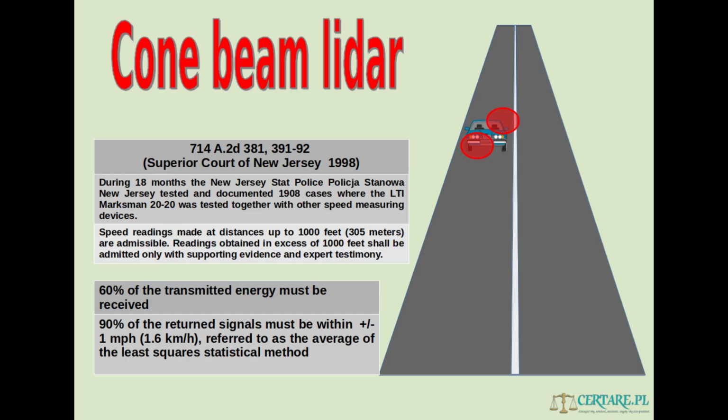The second rule reported by the US literature is that 90% of the returned signals, meaning probably all those different distances, like 60 out of 60 of them or so, must be within plus or minus 1 mile per hour, or 1.6 kilometers per hour, based on the algorithm or average of the least squares statistical method.